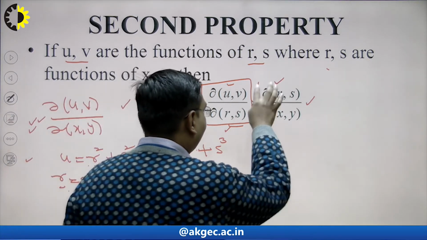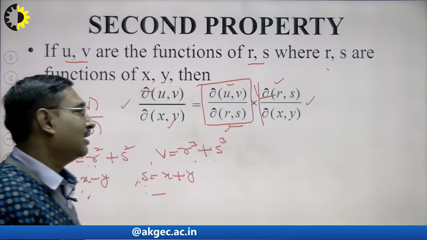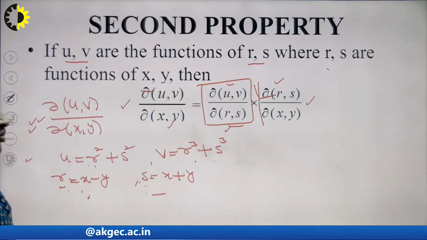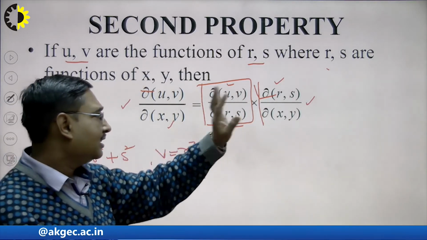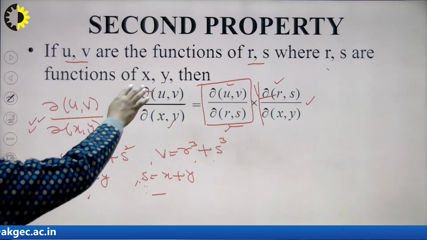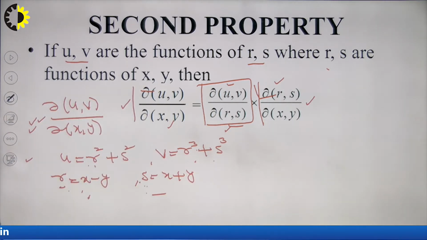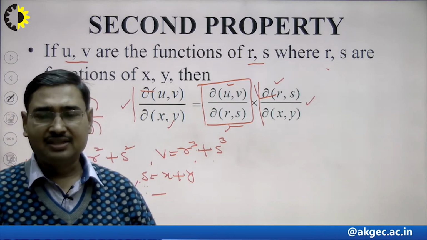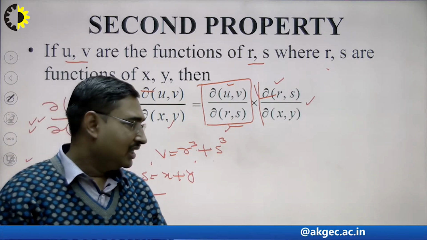Similarly, del r s over del x y can be calculated from the given values of r and s, and then multiplying these two Jacobians, I can directly find the value of this Jacobian. Now, we shall illustrate this property with the help of an example.